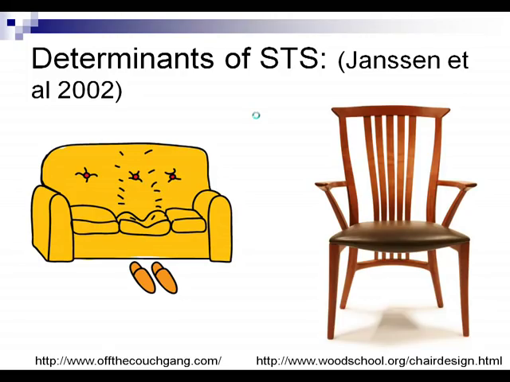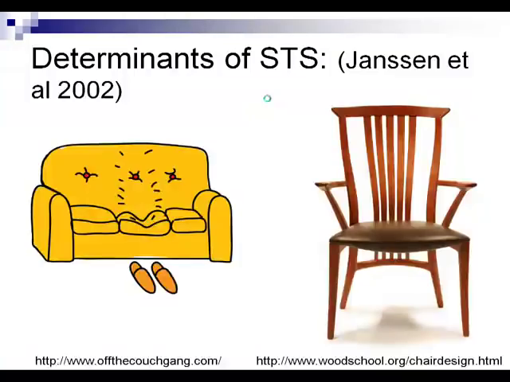So let's look first of all at some chair related determinants. And one important consideration is this dilemma of comfort versus ease of getting out of a chair. Now, there was a study done in the 80s that actually looked at the preferences of the elderly, and they certainly ranked getting out of a chair as being the most important, then the chair height, and then coming in at third was comfort, which, perhaps for us might be almost the opposite sort of ranking.